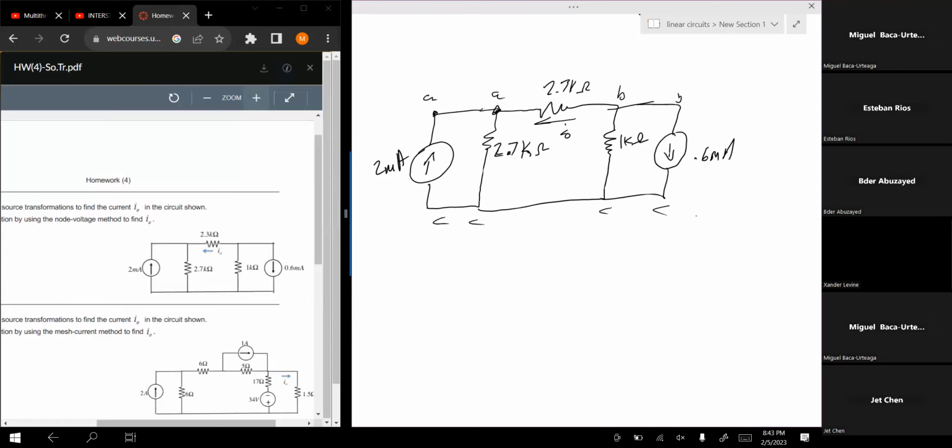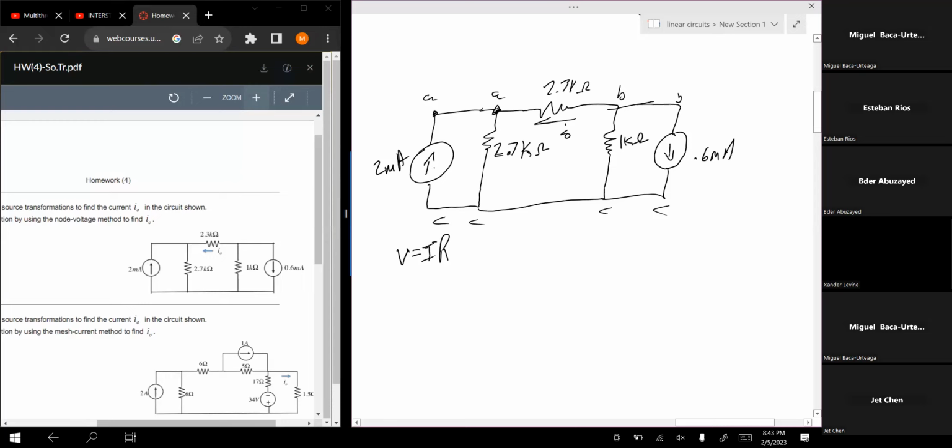I'm thinking that with source transformations, this one right here is just a gimme. One of the cool ways to remember how you do this is just V equals IR.